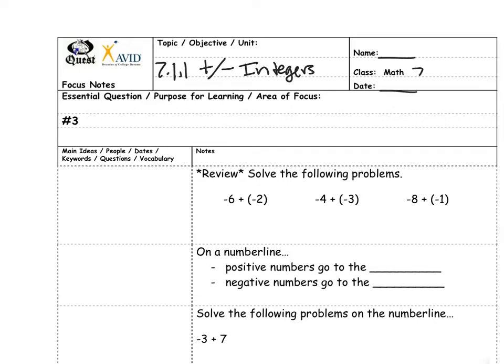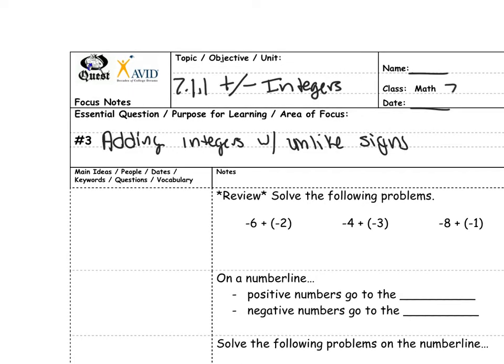Today we are going to be focusing on adding integers with unlike signs. That means one is positive and one is negative, unlike the last lesson where both were positive or both were negative. So let's review that lesson first, because it is important to fall back on these rules at times.